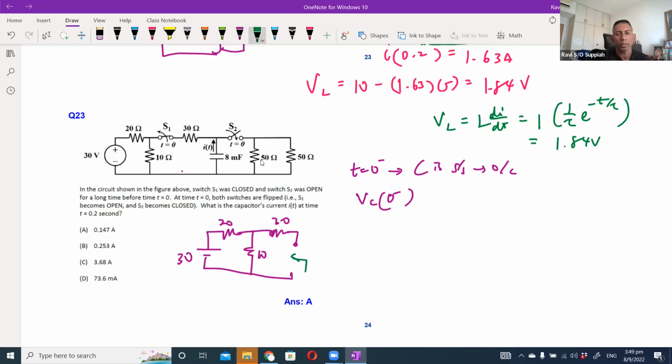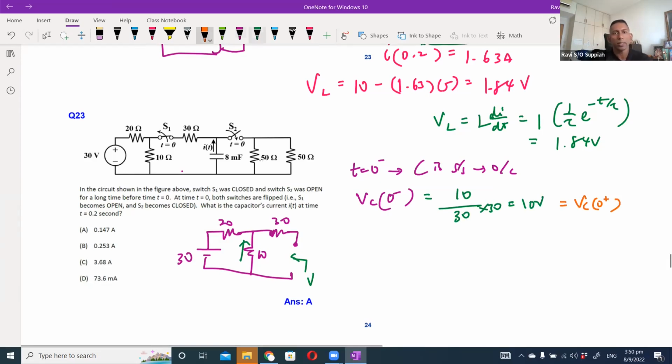Whatever voltage I see here is the same as the voltage across the 10 ohm resistor, because no current flows through the 30 ohm resistor, since it's open circuit. So it is basically the voltage divider rule. And this is the same voltage again at VC of 0 plus. So that is 0 minus and 0 plus.